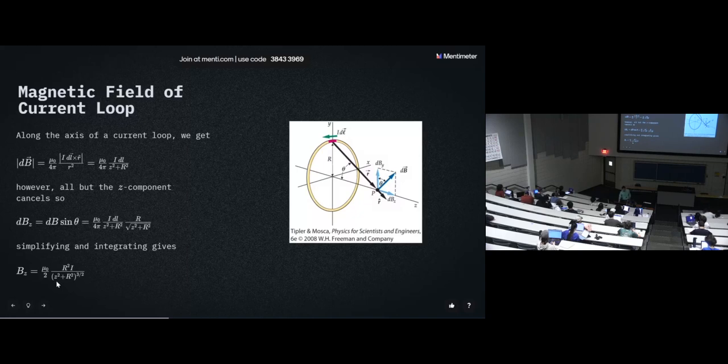Well, in that case, when z goes to 0, r squared raised to the 3/2 power is r cubed, so you get r squared over r. Yes, we get mu naught I over 2r, just like we did on the last slide. So this case includes the case from the previous slide when z was 0. Good.